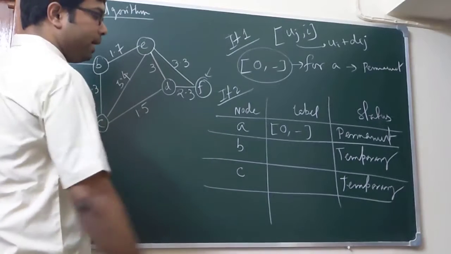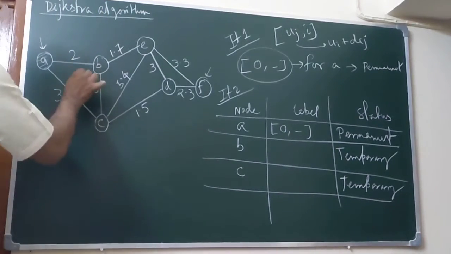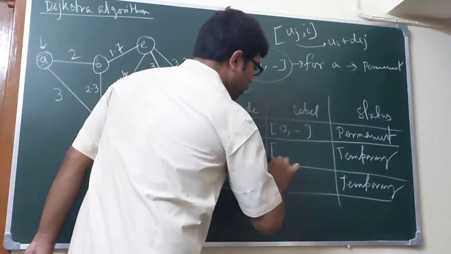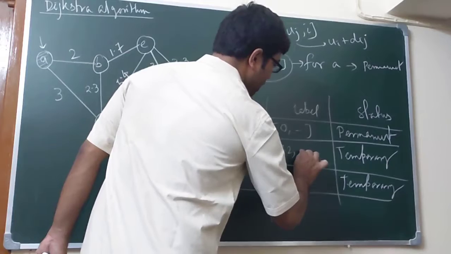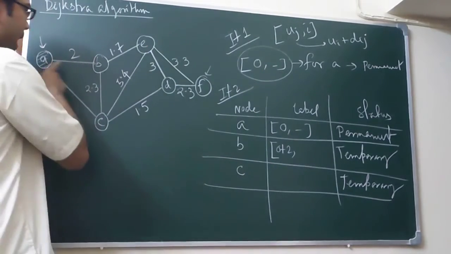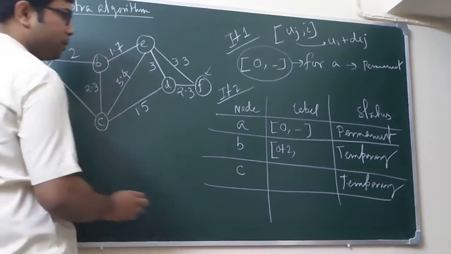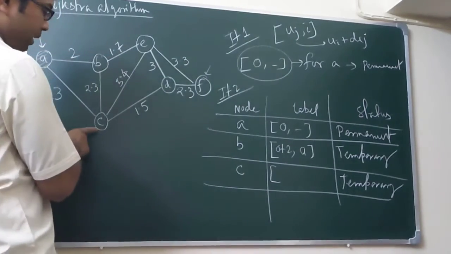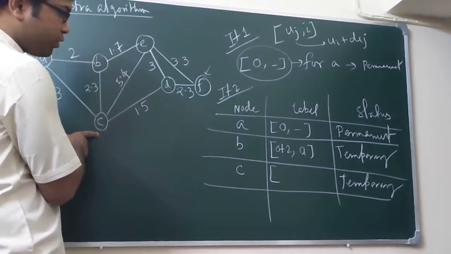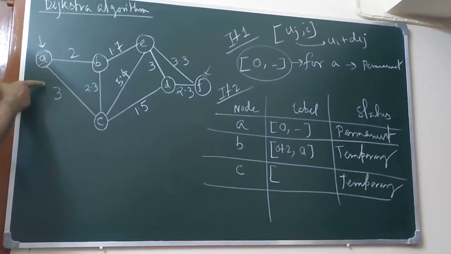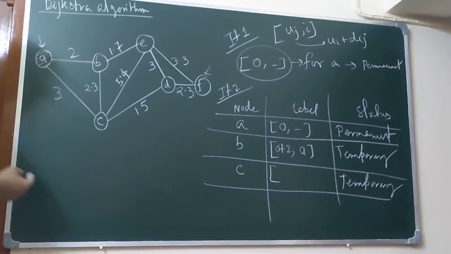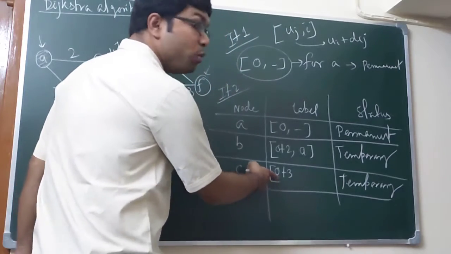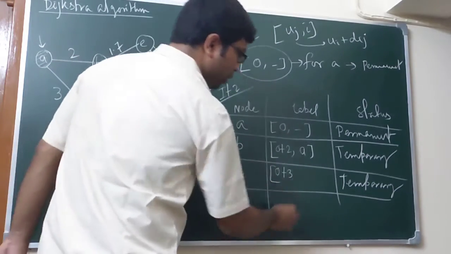What are the labels for B and C? B can be accessed from A with distance 2, so 0 plus 2, and the second parameter is A. Similarly for node C, the distance is 3 if we access it from A, so 0 plus 3, with A as the predecessor.